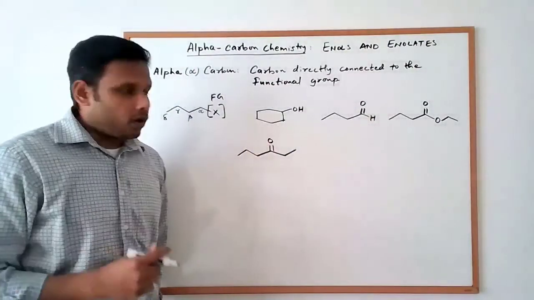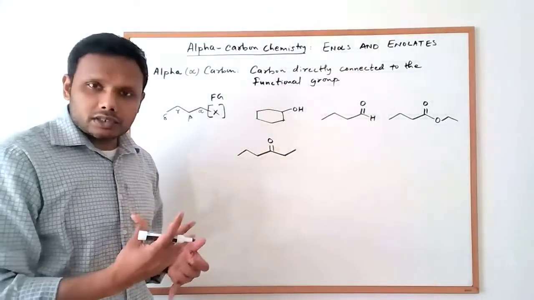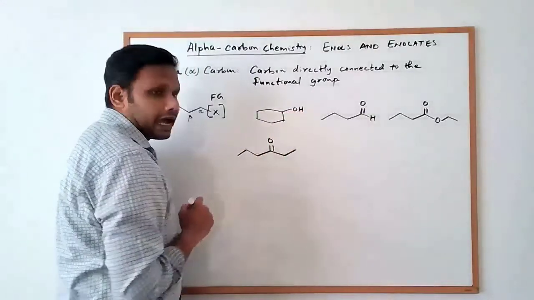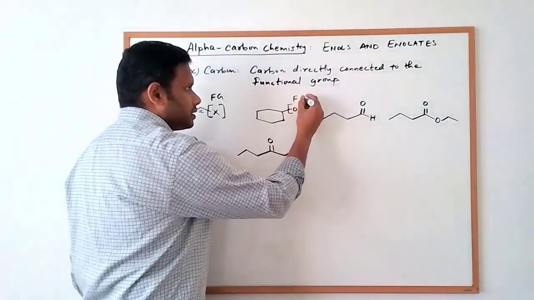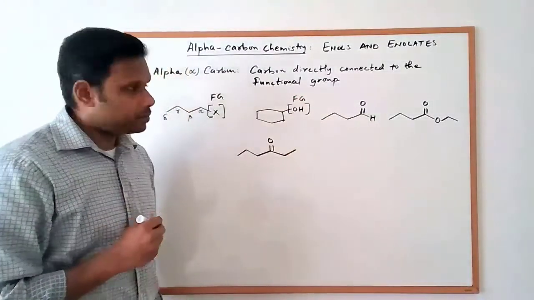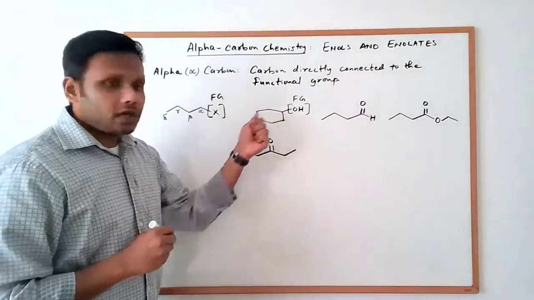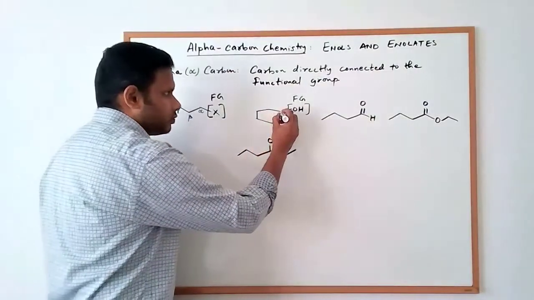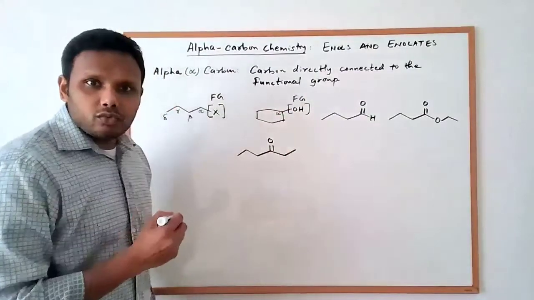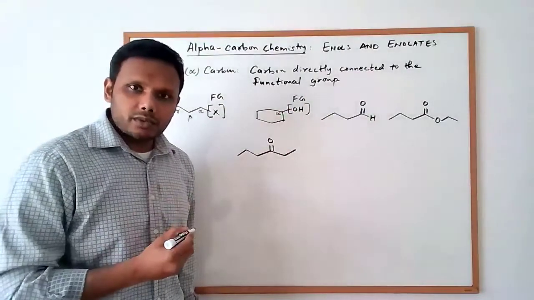Moving on to an alcohol. Now I've chosen a different alcohol. The structure is slightly different, but the functional group in this molecule is this hydroxyl group. And so the carbon that's directly connected to the functional group, which is this carbon, would be our alpha carbon.